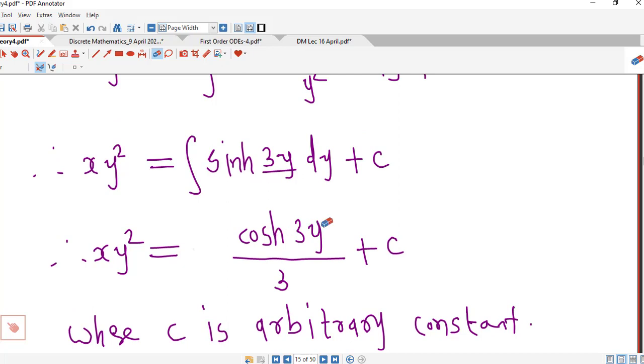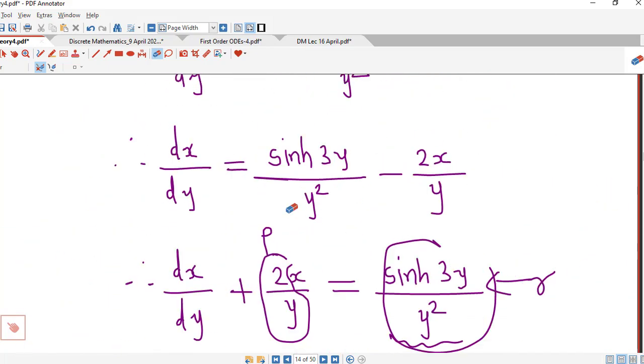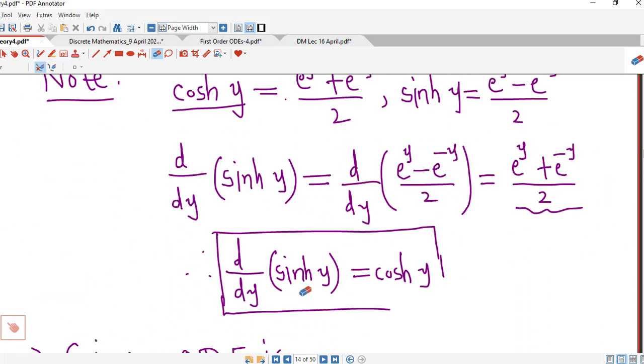The integral of the hyperbolic sine function is the cosh function, because as we have discussed, the derivative of sinh y is cosh y. So therefore the integral of cosh y is sinh y.